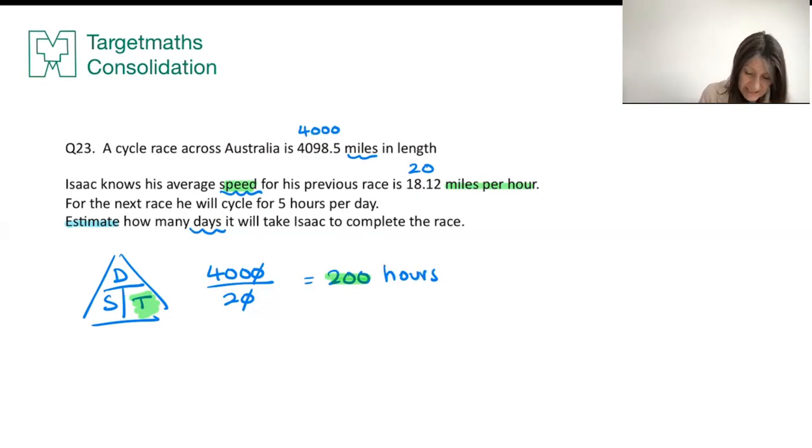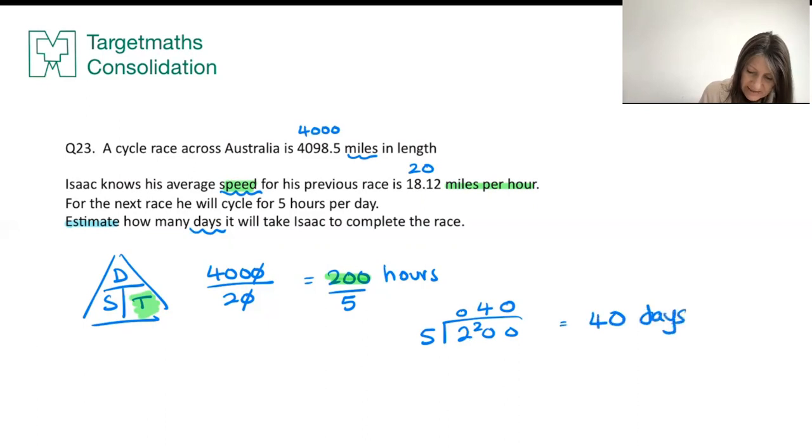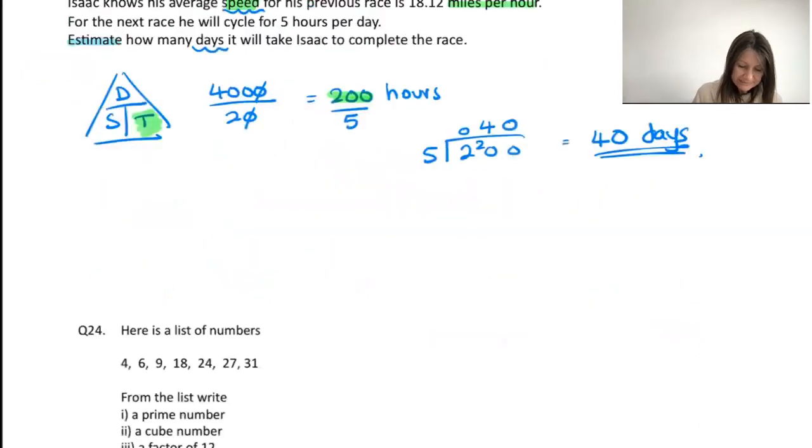So I'm going to be dividing my 200 by 5 to see how many days this is actually going to take. So 200 divided by 5, 5s into 20 go 4, 5s into 0 don't go. We have got 40 days. He is going to be cycling this race for 5 hours every day for 40 days. And that is our estimate. Well done if you got that one right.